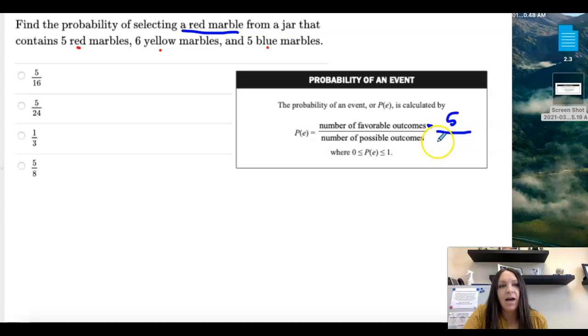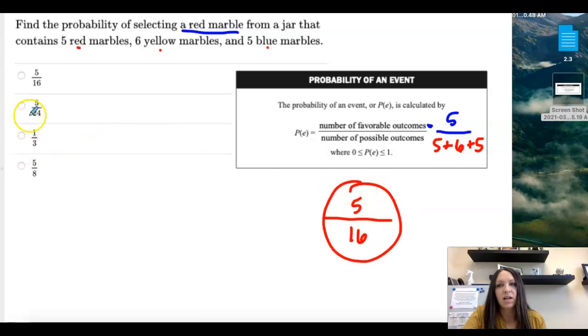So I want to add how many marbles there actually are on the bottom. That's my possible. Out of all the marbles, there's 16. And I want a red one. So there's a 5 out of 16 chance that I will draw a red marble. And that's my answer. I can't reduce this anymore, so it's just 5 out of 16. But if you could reduce, you would.